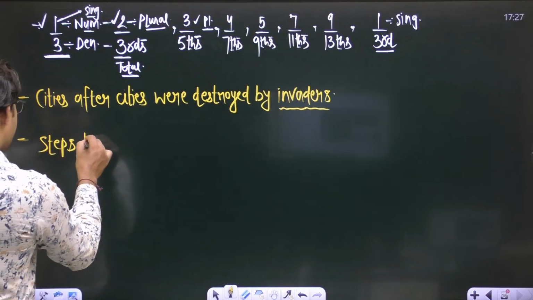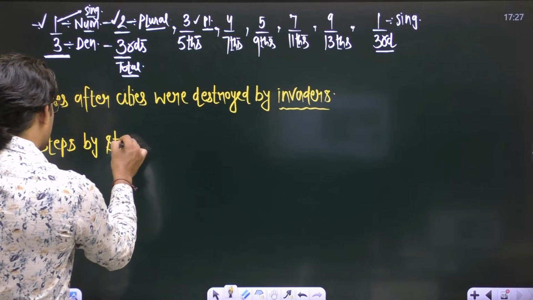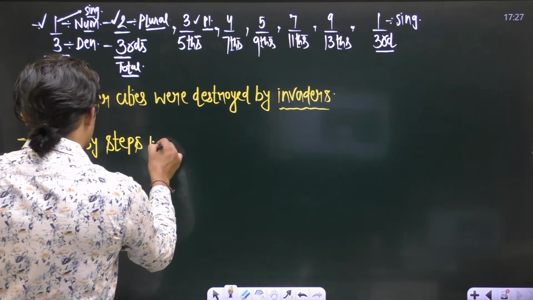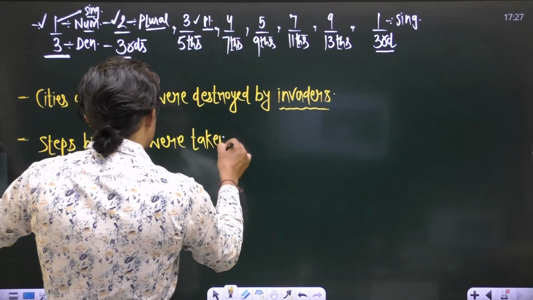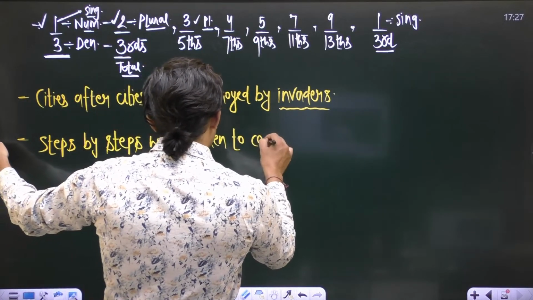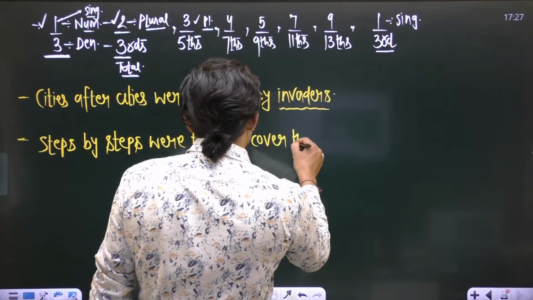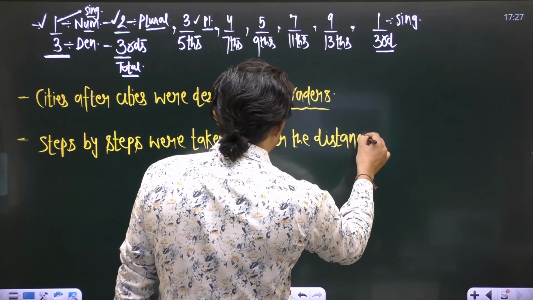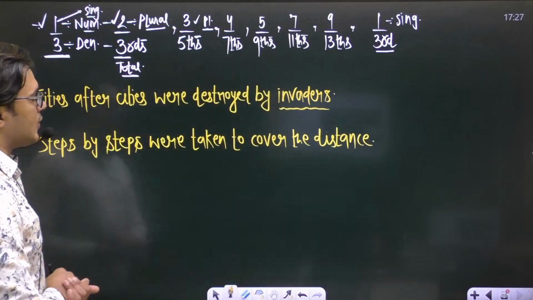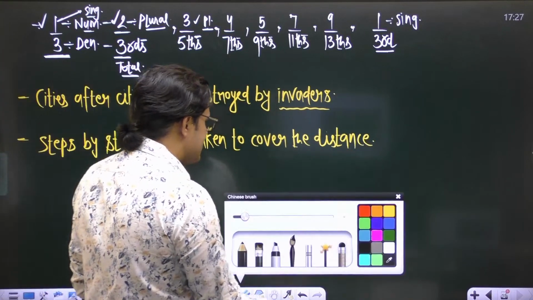And the second sentence is: steps by steps were taken to cover the distance. This one is the second sentence. Steps by steps were taken to cover the distance. Okay, what is the concept?